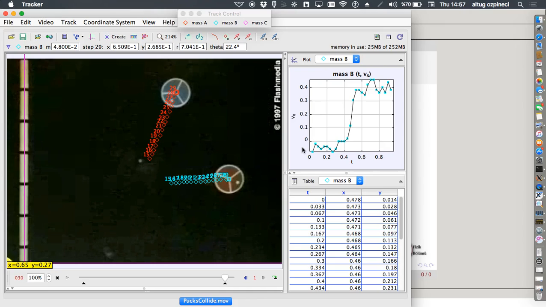What's the value of the initial velocity, x component? 0.